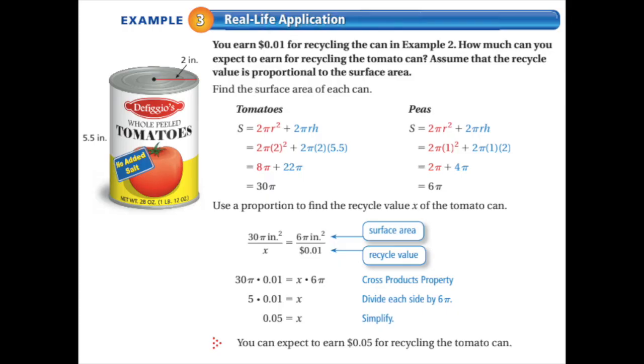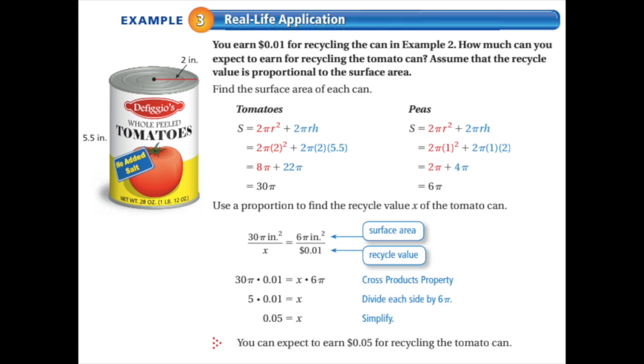Example 3 on page 371 is another type of application problem. So here, we are still using the information from example 2, where we had the pea can, and now we have the tomato can. It's asking us how much you can expect to earn for recycling the tomato can. Assume that the recycle value is proportional to the surface area.